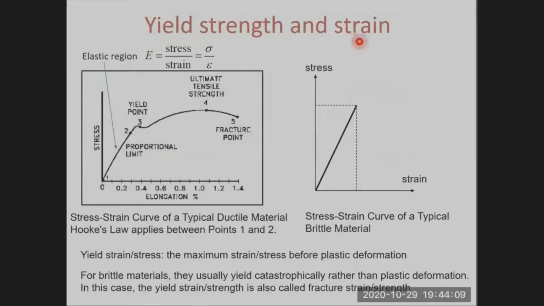Yield strength and yield strain. This figure plots the stress strain curve of a typical ductile material. The vertical axis is stress. The horizontal axis is elongation or strain. We typically use a percentage to represent strain.